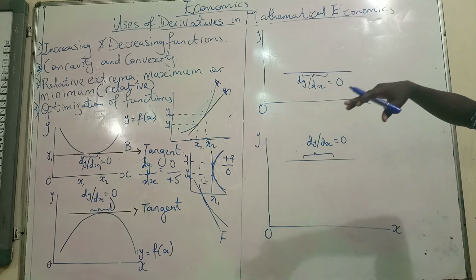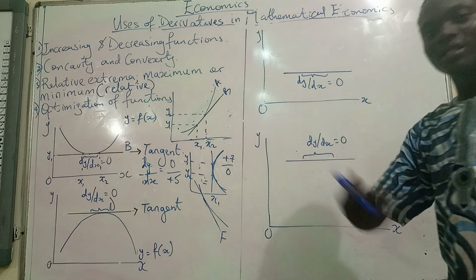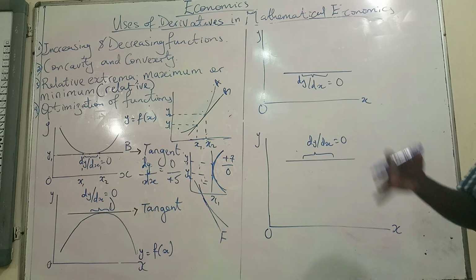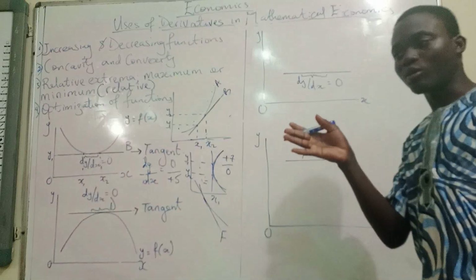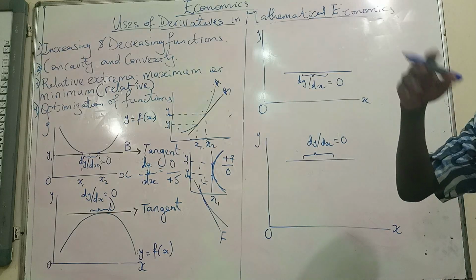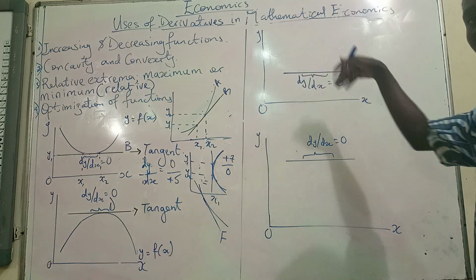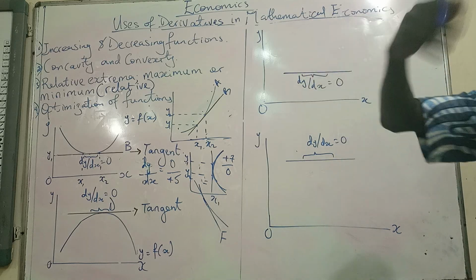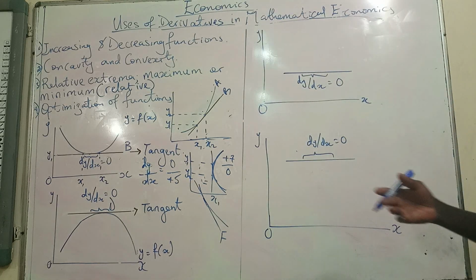Now I want to tell: is that function being maximized or minimized? That is, does that function have a relative maximum point or a relative minimum point? We call them relative because a curve could have a minimum, a maximum, and so on, and it could be in the form of a wavelength. So one is relative to the other, and that's why it's relative.